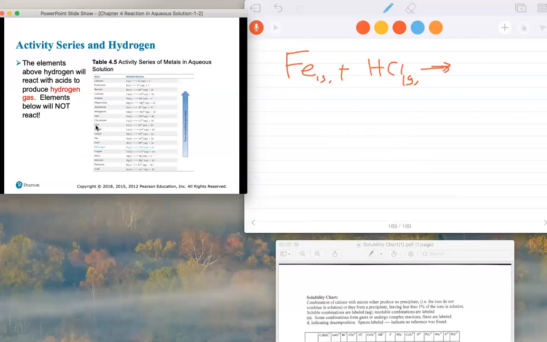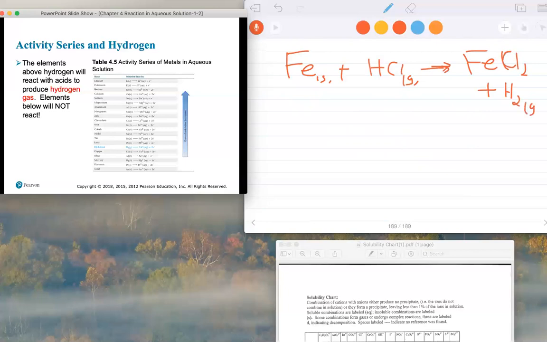Iron is above hydrogen. Therefore, it can be either iron 3 or iron 2. Let's say iron 2, plus hydrogen gas.